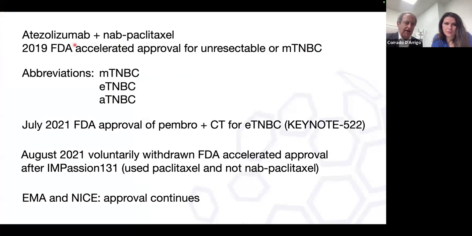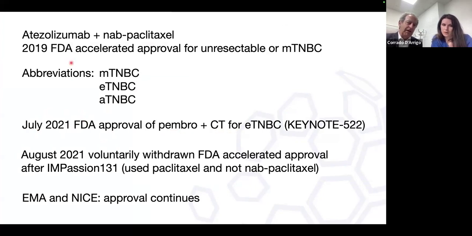And here is a little timeline. By the way, I thought I'd put some abbreviations here. We mean M, this is metastatic, or E, early, or A, advanced triple-negative breast cancer. So in 2021, FDA approved Pembro.